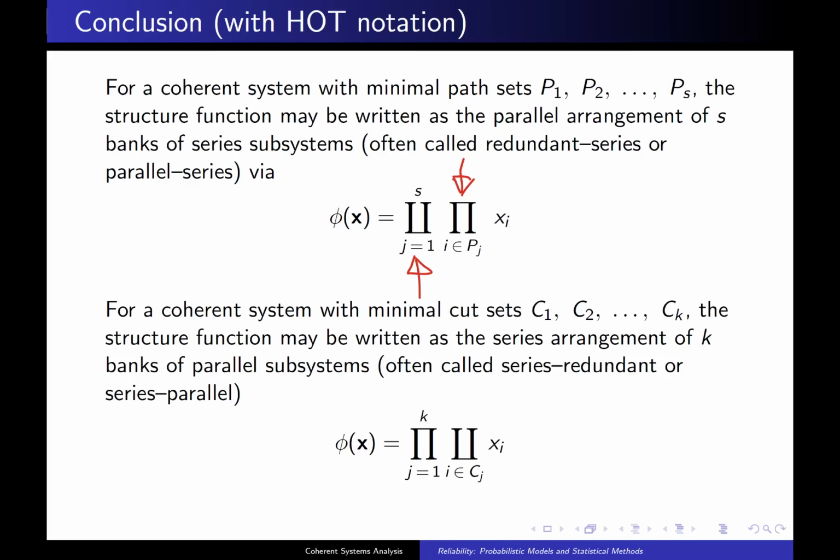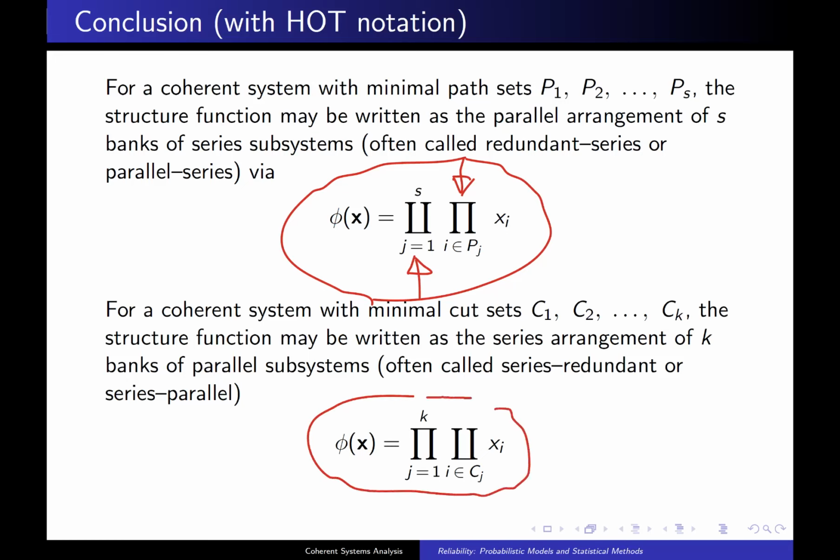And this just shows you how nicely these things work in terms of the two results. So here is the phi of x with the parallel on the outside and the series on the inside. And here is that same result with the series on the outside and then the parallel on the inside. This is some great notation that somebody invented, but it makes for a nice way of seeing the analogy between taking the minimal path vector approach and the minimal cut vector approach.